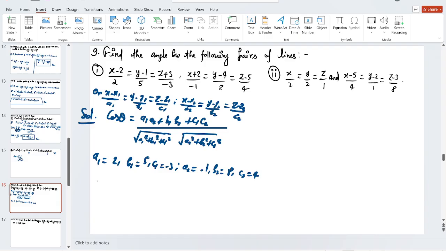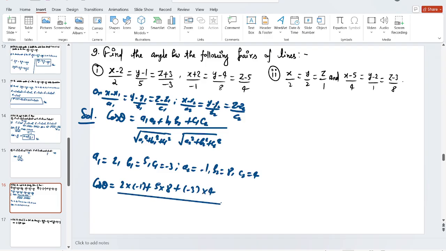So cos theta is equal to what? Putting in these values: a1 equals 2, a2 equals minus 1, b1 equals 5, b2 equals 8, c1 equals minus 3, and c2 equals 4.